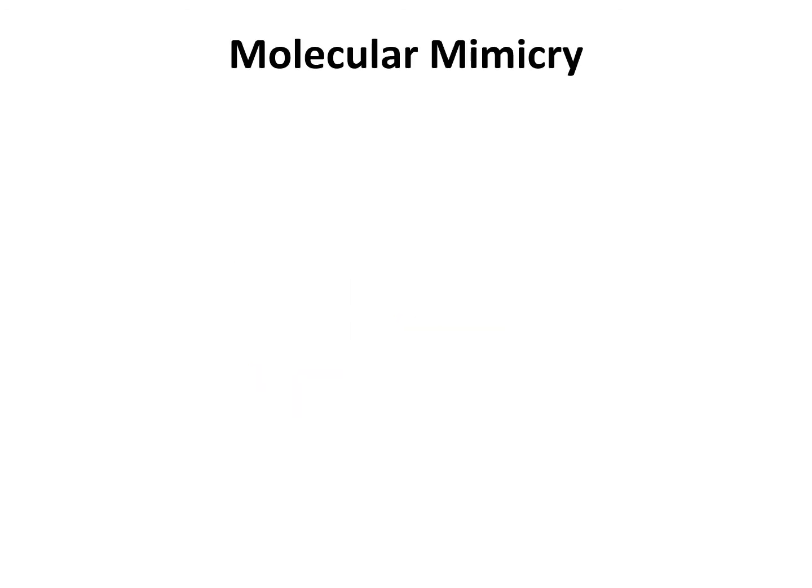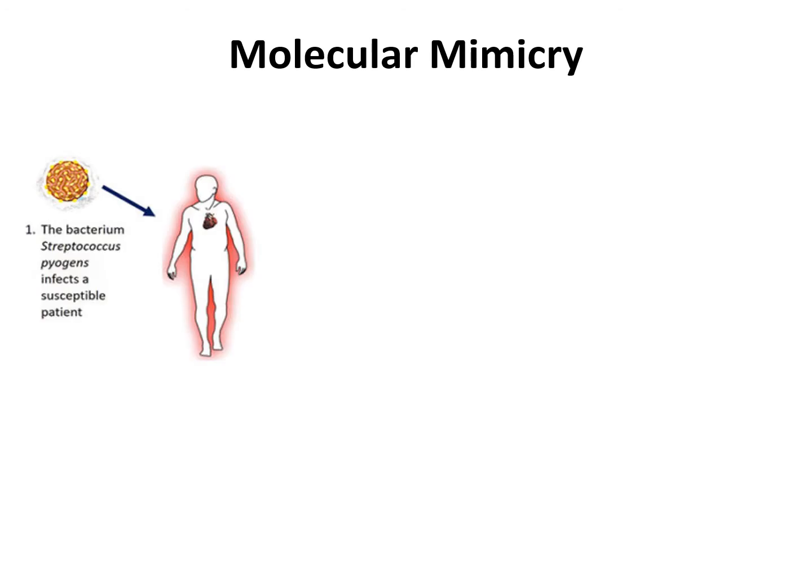The exact cause of autoimmune disorders is not known, but one hypothesis on how they can be triggered to develop is called molecular mimicry. And the idea behind molecular mimicry is that an individual becomes infected with a microbe.